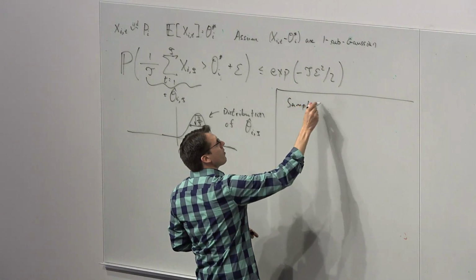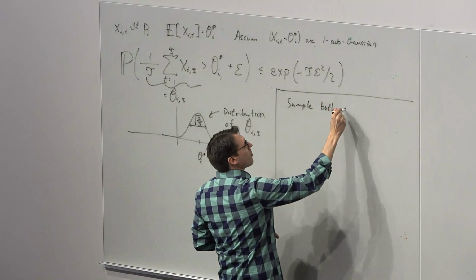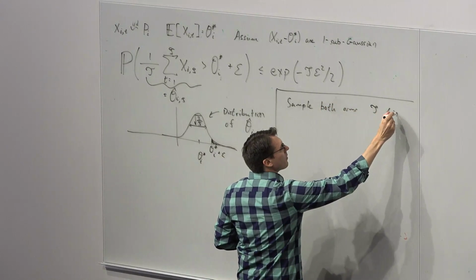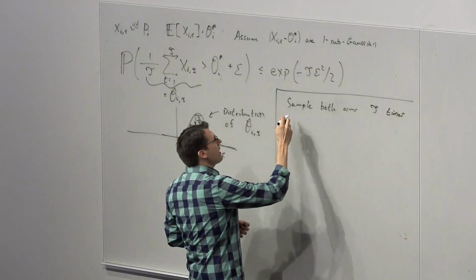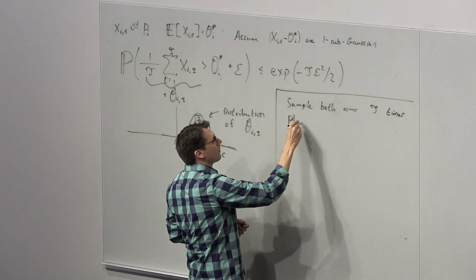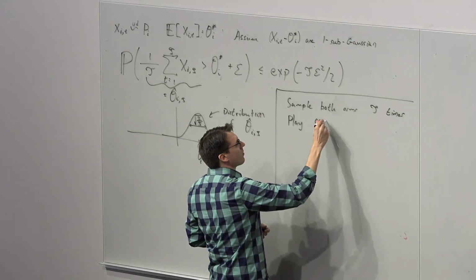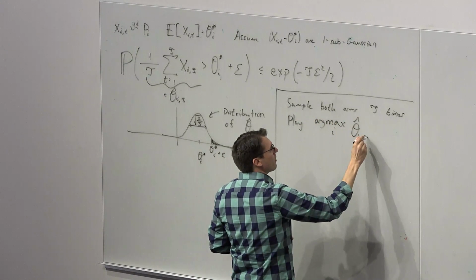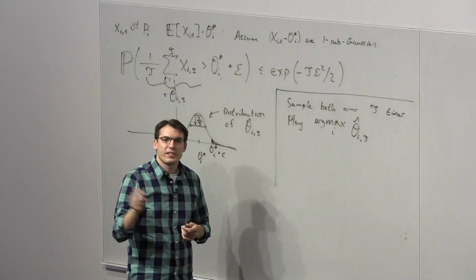So sample both arms tau times, and then play argmax over i of theta hat i tau the rest of the time.